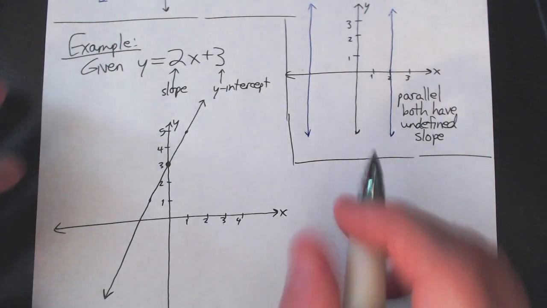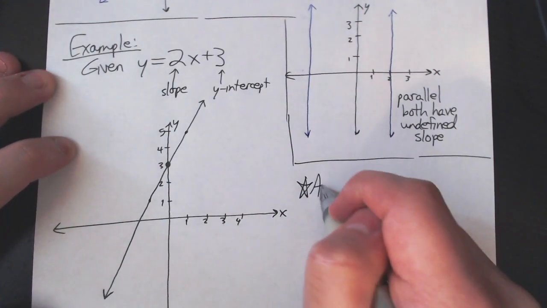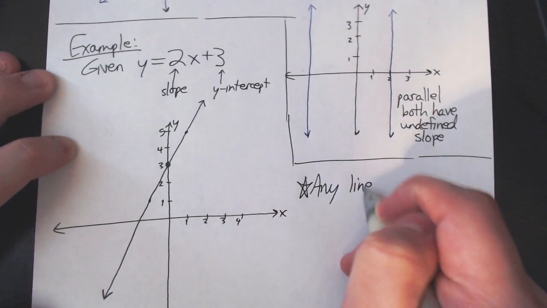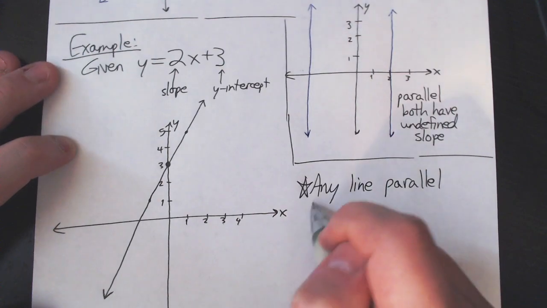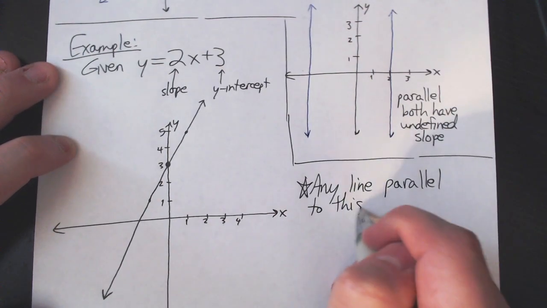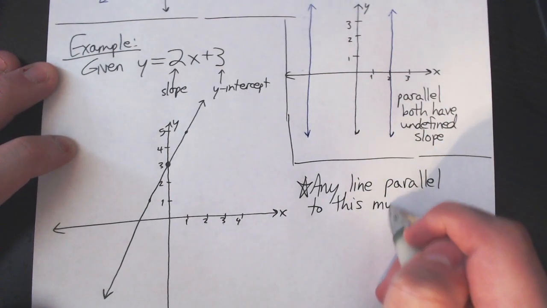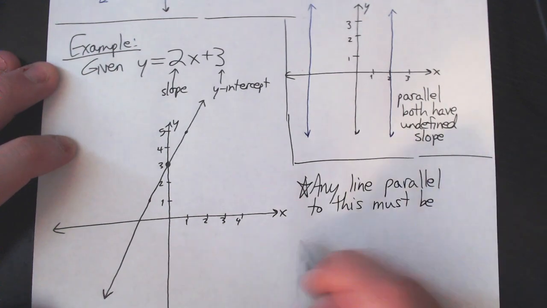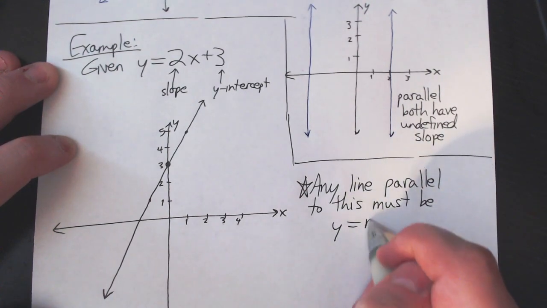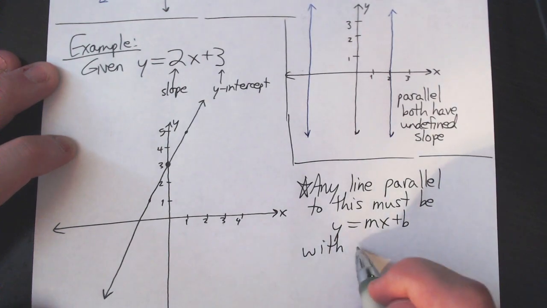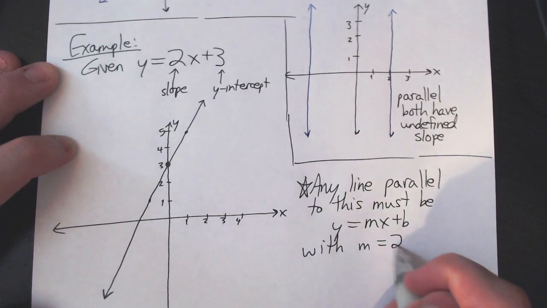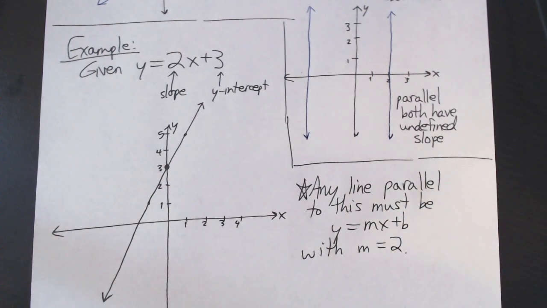So what I want to say off to the side is any line parallel to this must be y equals mx plus b with the same slope. It has to have a slope of 2.